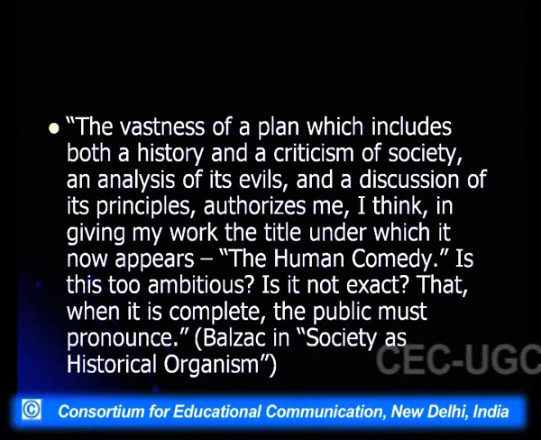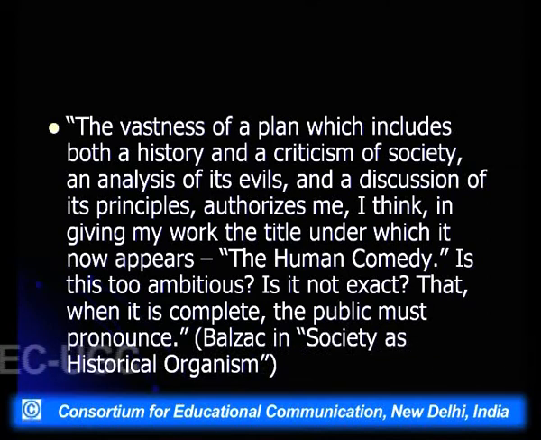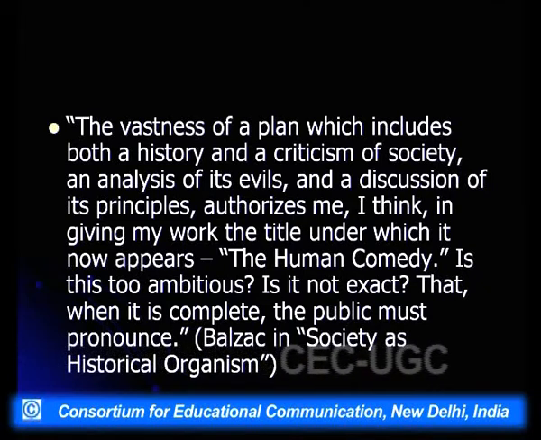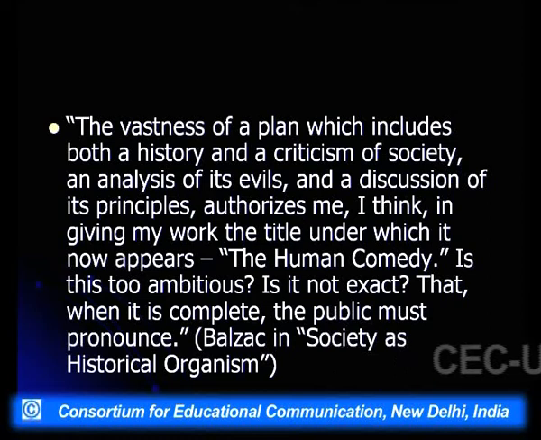He will, for instance, go to the villages, he will go to the cities, he will go to the small towns, he will go to the market, he will talk about princes, he will talk about all aspects of life. In fact, he had laid out a whole plan that he's going to cover all aspects of the French life in his novels, and this is what he talks about, the vastness of the plan, as he calls it.